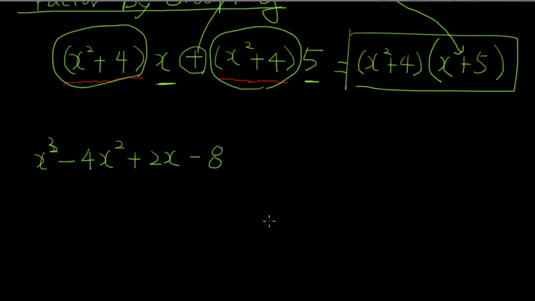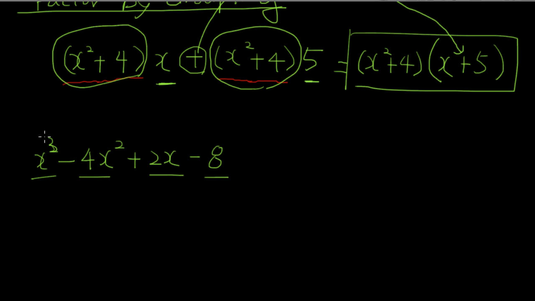Let's say we have to factor this. Now, our first response should be trying to identify any common factor between all four. And I guess we don't really have any common factor between all four.